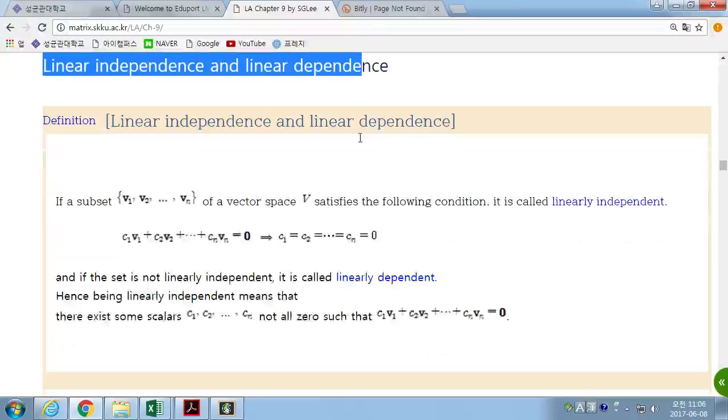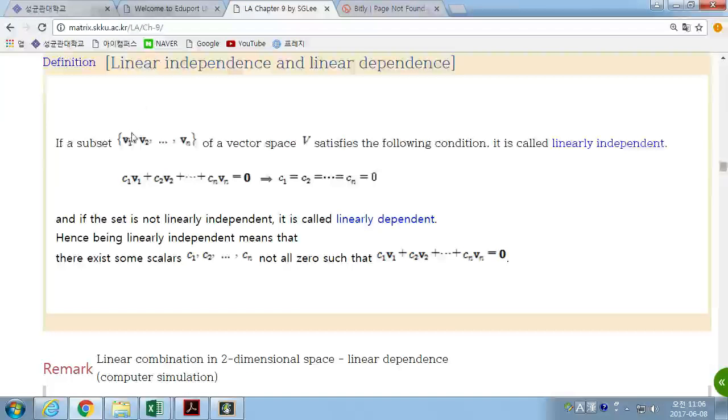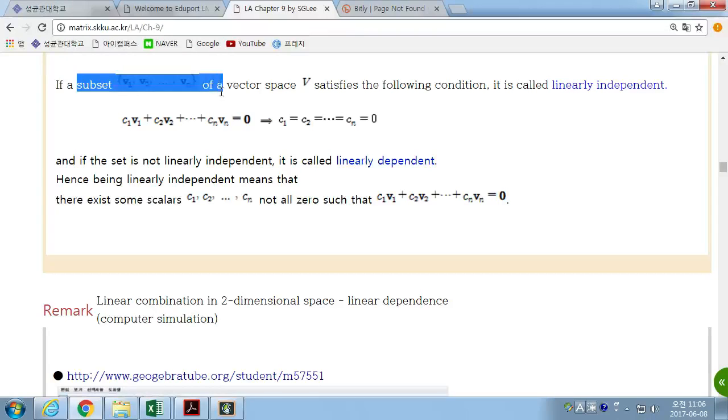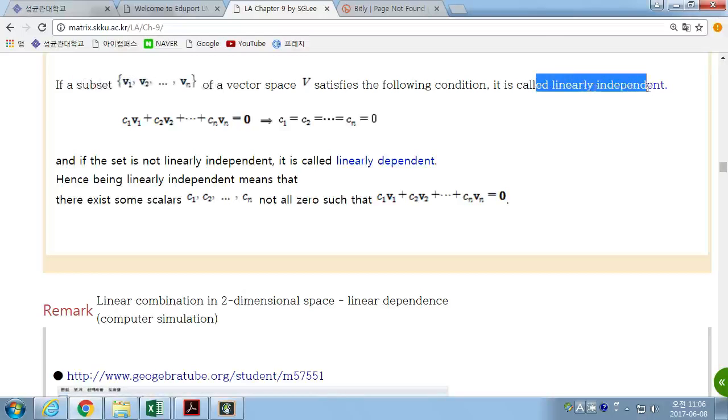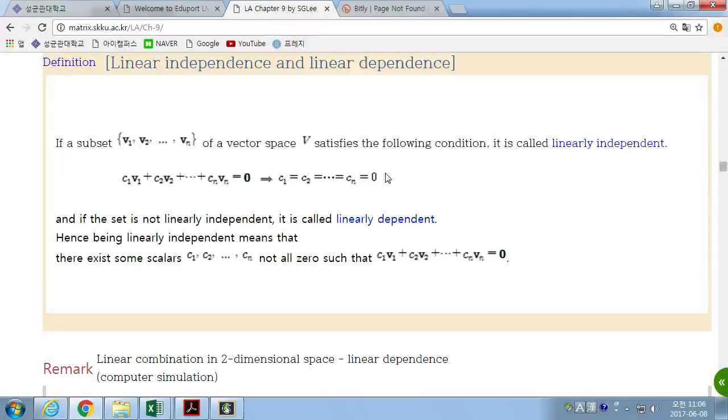Linear independence and linear dependence. If a subset of Vi's from a vector space V satisfies the following condition, then we call it linearly independent. Let the linear combination of these Vi's be the zero vector, and show Ci is equal to 0.